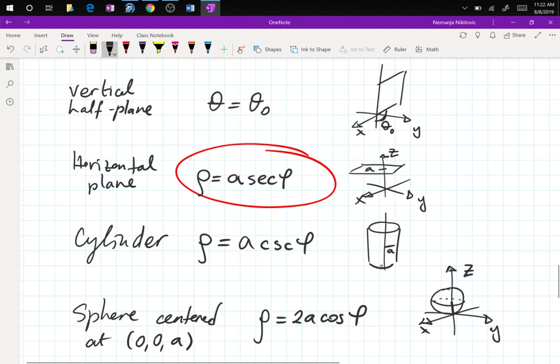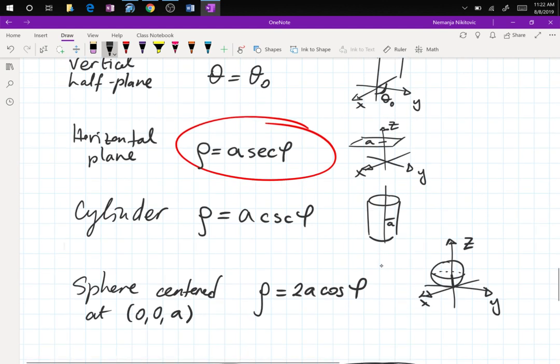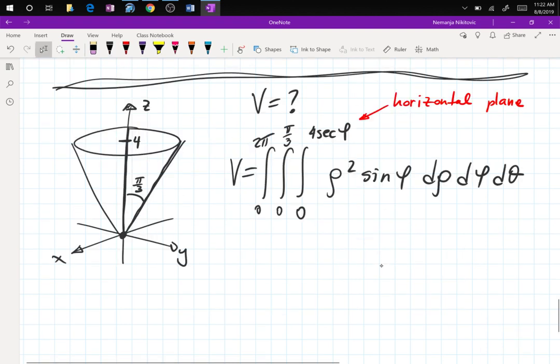Rho equals a secant phi. The rho cut with a flat plane. The next problem, and then problem 46. We'll do problem 46 next because it's cool.